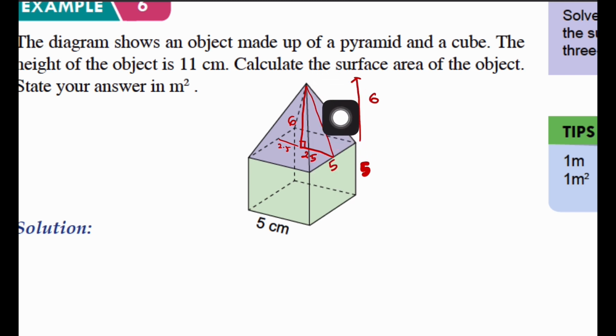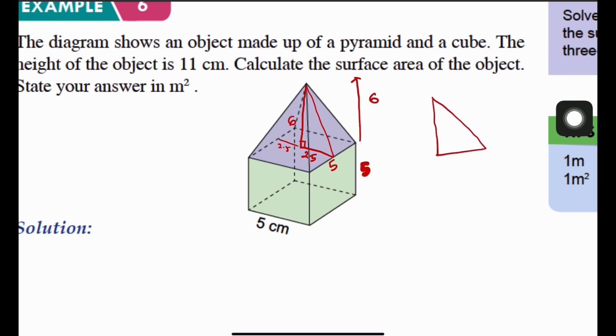The hypotenuse of this triangle will be the height of this triangle. So I draw it outside. We have 6, we have 2.5. This is the hypotenuse, I put it as C, or S, the slant of the pyramid.